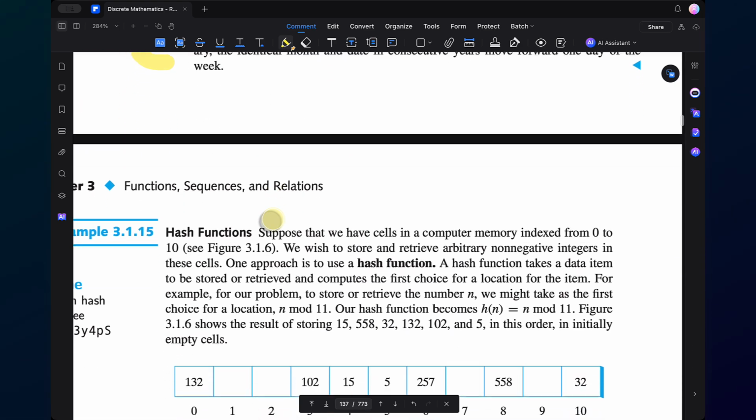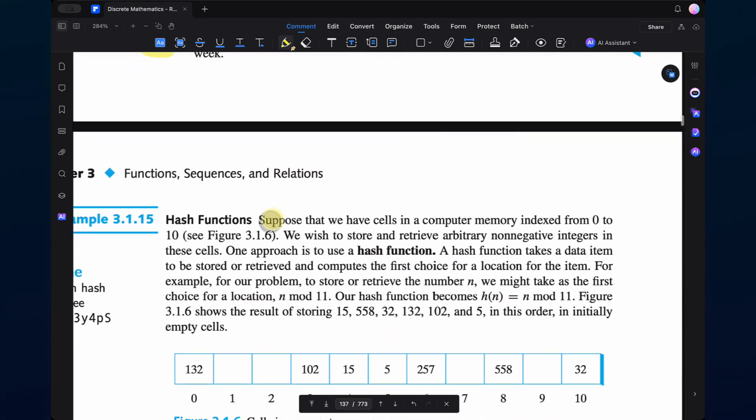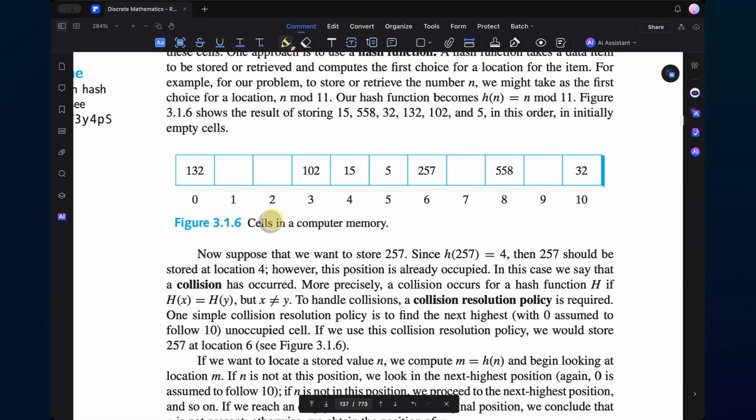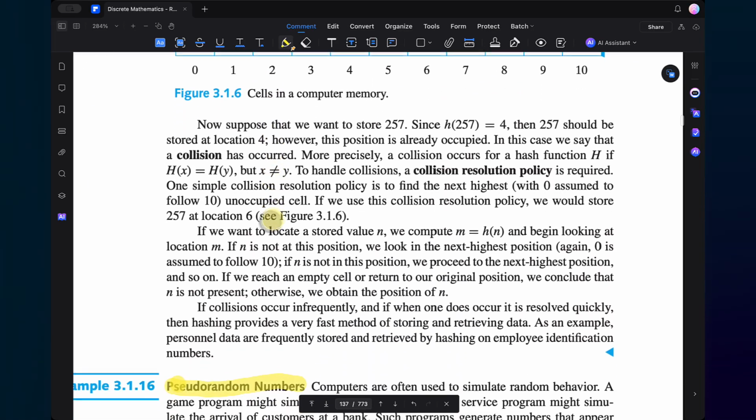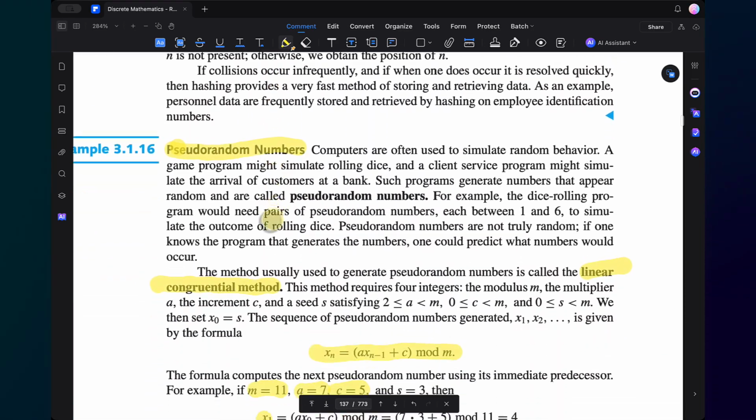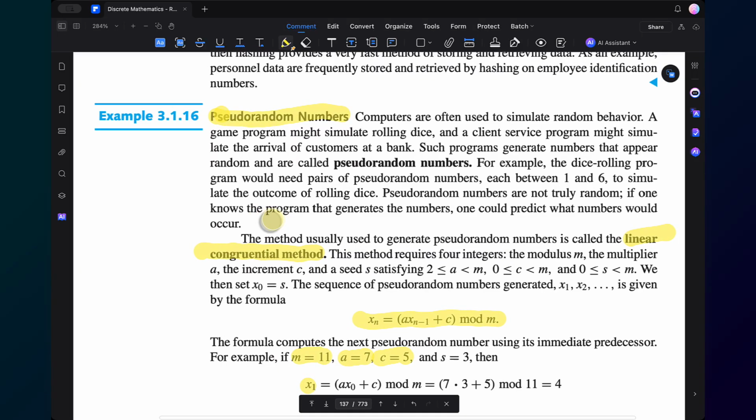So this modular function will be quite important for us. Here's an interesting little concept: the idea of pseudorandom numbers. It's quite important to be able to generate random numbers in our world to simulate this idea of randomness.